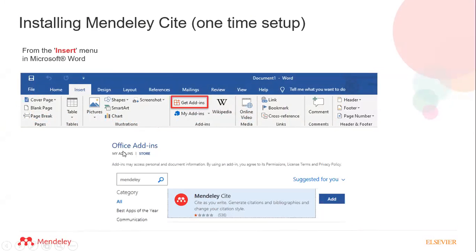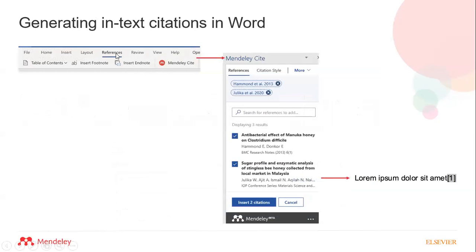Enter Mendeley under the search tool, and it will search for Mendeley Cite for you. You need to add this, and follow the instructions. After that, check the References tab in your Microsoft Word to see that Mendeley Cite appears.